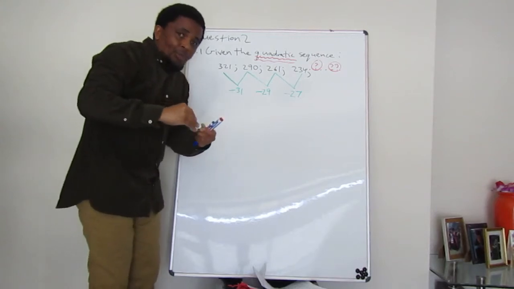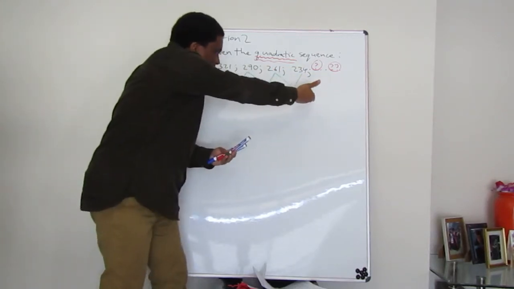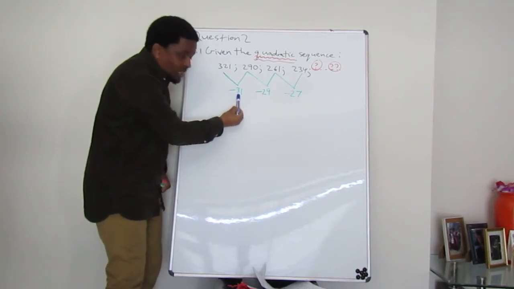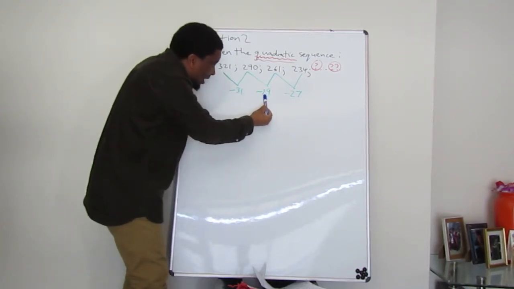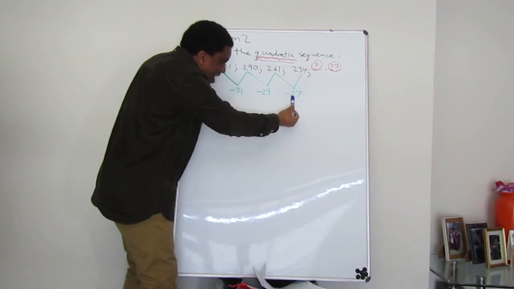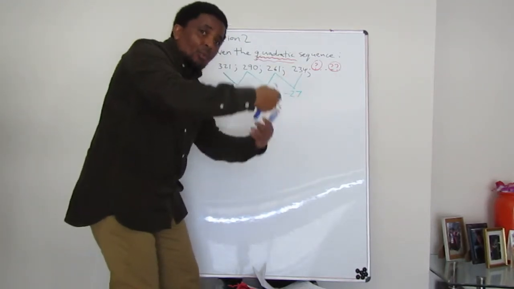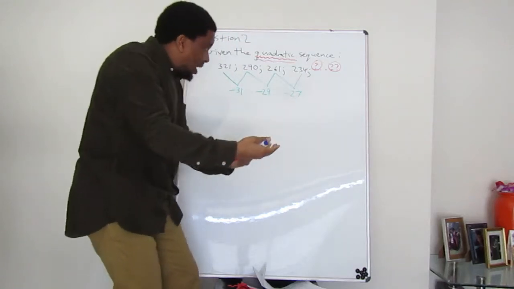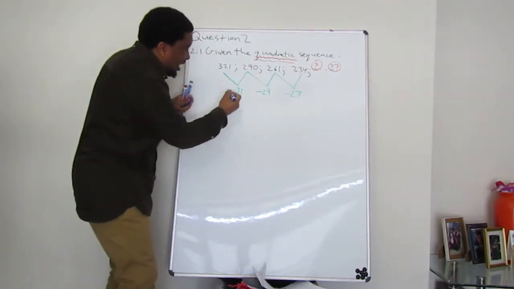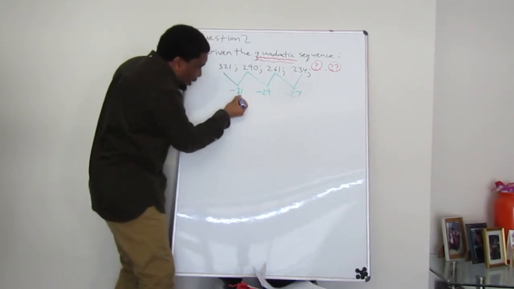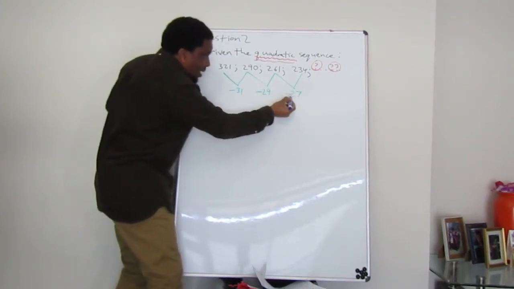Now can you see, in this first line of differences, this is negative 31, this is negative 29, this is negative 27. Without teaching you, you can automatically see that there is a pattern: minus 31, minus 29, minus 27.